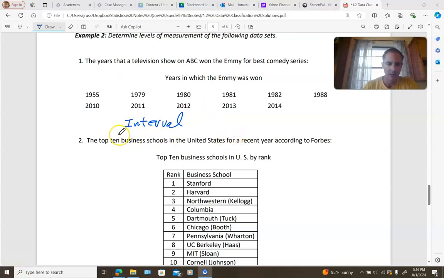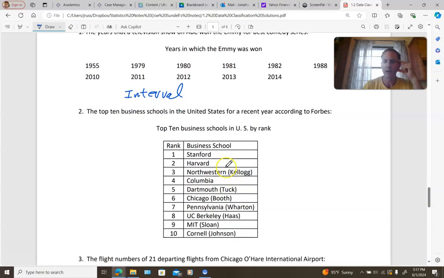Okay. Number 2, the top 10 business schools in the U.S. for a recent year according to Forbes. Okay, so the data here, guys, the data is qualitative as opposed to the data in the previous example that was quantitative. So it's qualitative data. So by knowing that it's qualitative, that would narrow this down to it either being nominal or ordinal.